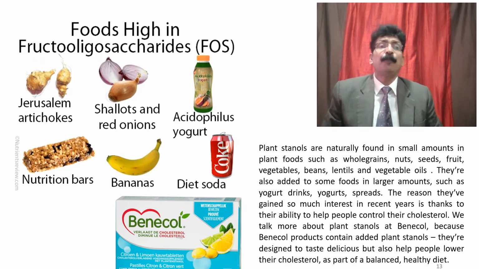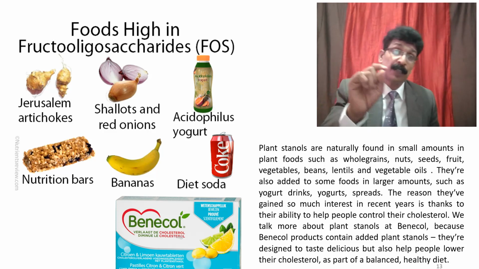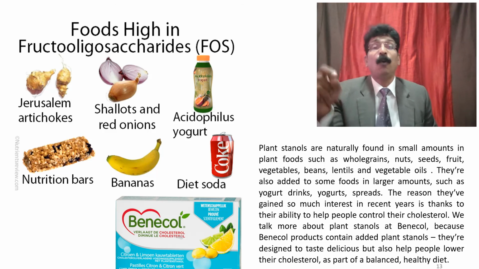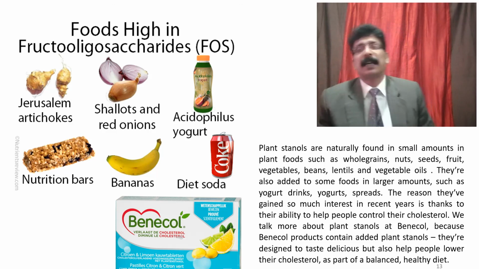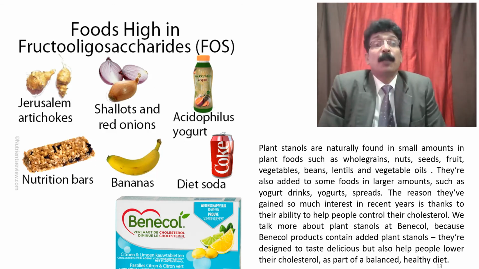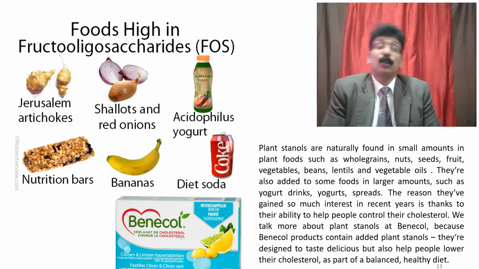And you see food high in fructo-oligosaccharides, FOS. Oligosaccharides are present in Jerusalem artichokes, and you can see them even in red onions, shallots, acidophilus yogurt, diet soda, bananas, and nutrition bars.